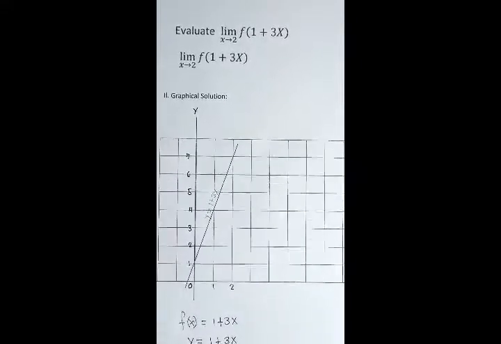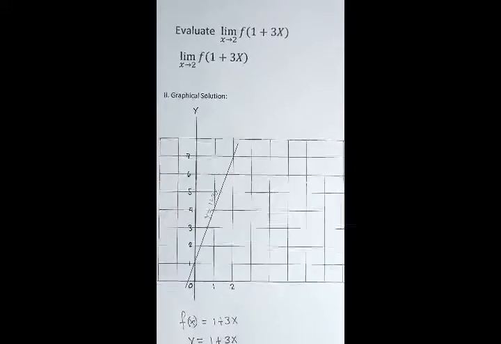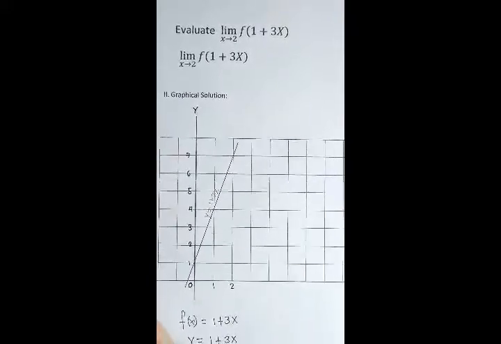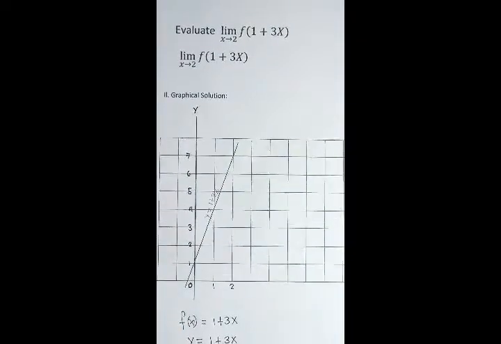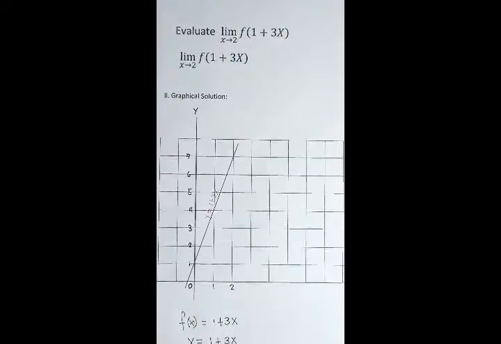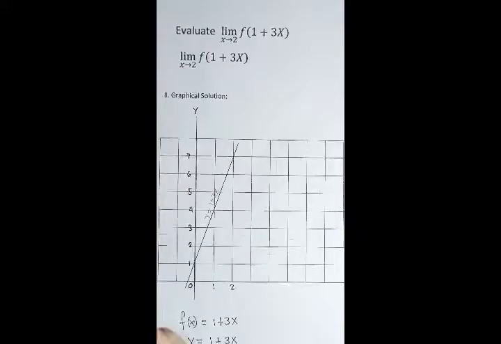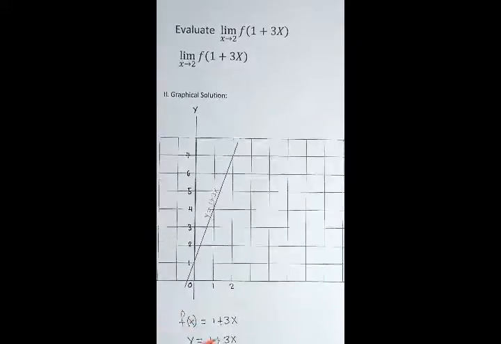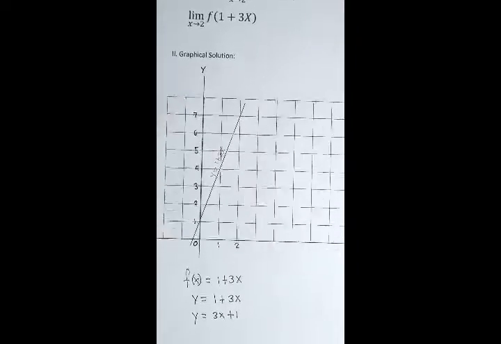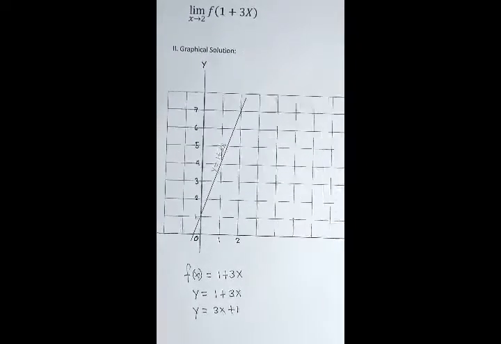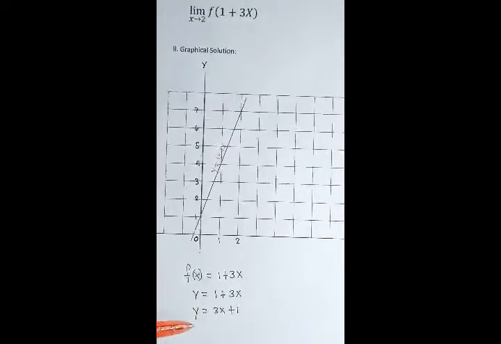If we arrange it, it becomes y equals 3x plus 1. So y equals 3x plus 1. So we get points.